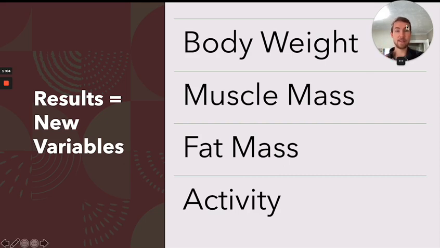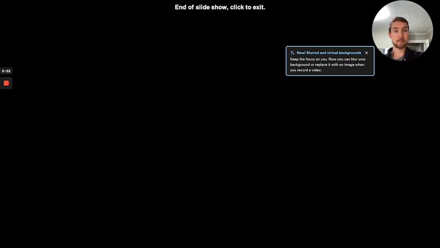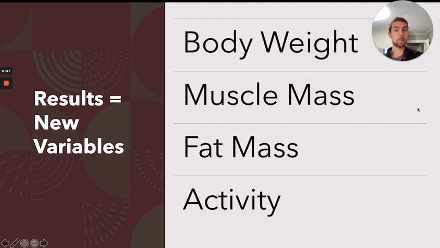So here's the thing though, when you do see results, you now have new variables, which is what I mentioned before. Once you see results from your body weight changing, well, now your metabolism is different. Your body weight is different. If your muscle mass changes while you lose weight, that's going to affect your metabolism differently.